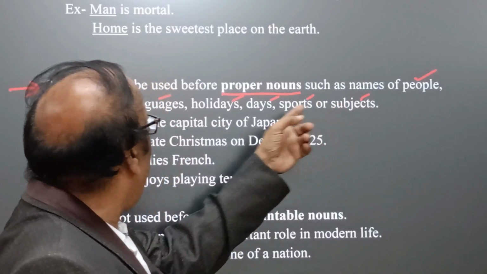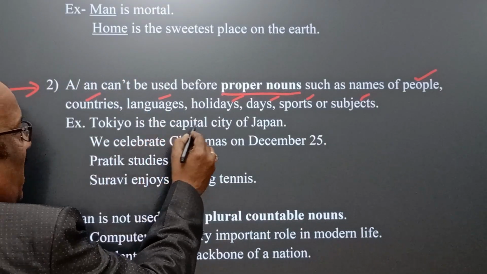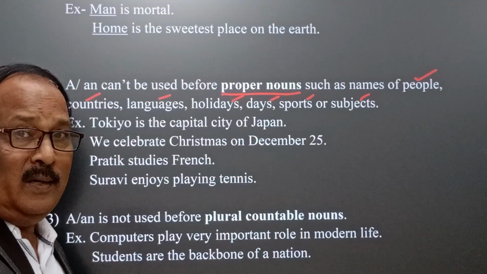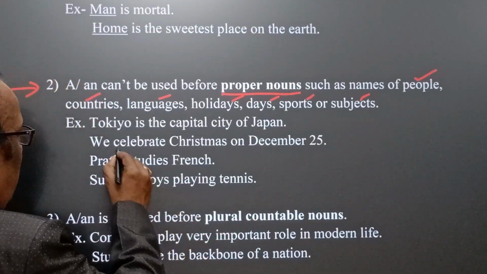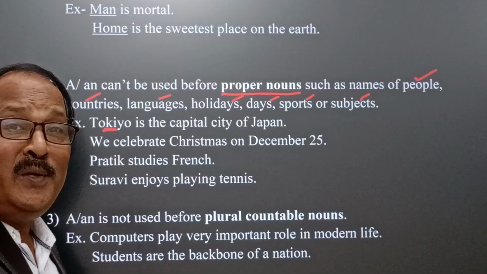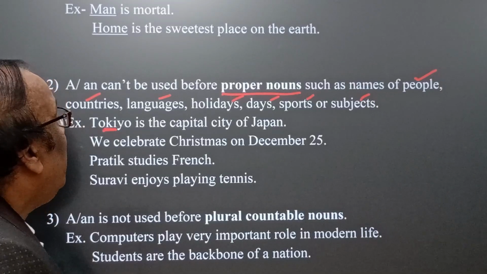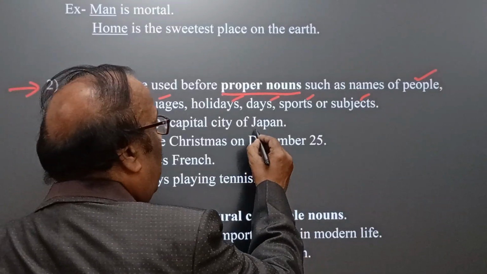And here we find, for example, Tokyo is the capital city of Japan. Here Tokyo is the city, and hence we cannot say or write a Tokyo.